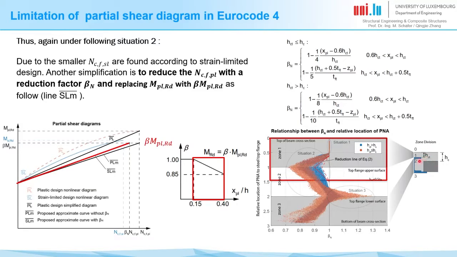HCT represents the distance of the steel profile to the top surface of the cross-section, and HC represents the thickness of the concrete slab, which is here. When HCT is smaller than HC, it means the steel top flange is embedded in the concrete slab. And when HCT is bigger than HC, shown by the blue dots, it means the concrete slab is above the steel profile, which is more similar to conventional composite beams.